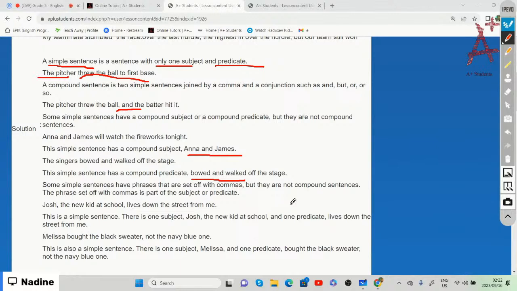Then we also have, Melissa bought the black sweater, not the navy blue one. There we also have Melissa as our subject. Here we have bought the black sweater.